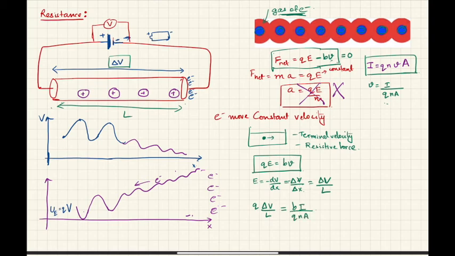And now if I rearrange everything a bit, moving this Q down there and the L up there, then I can relate the potential difference to the current, so Q squared NA times the current.